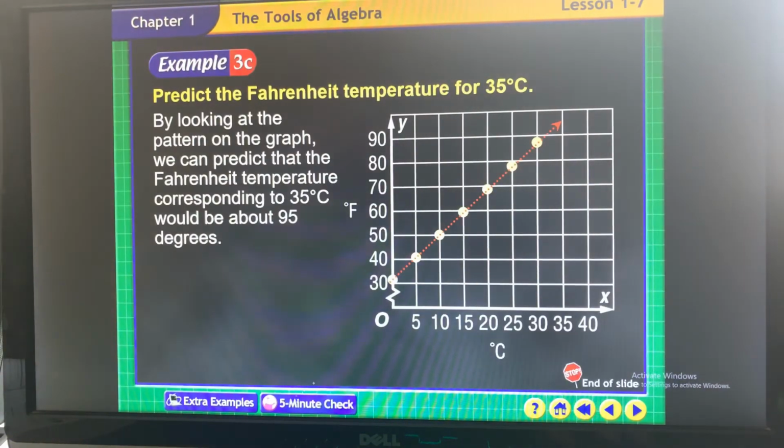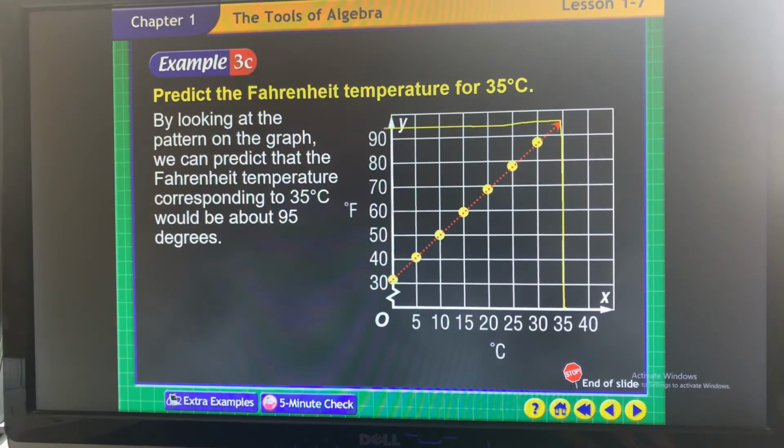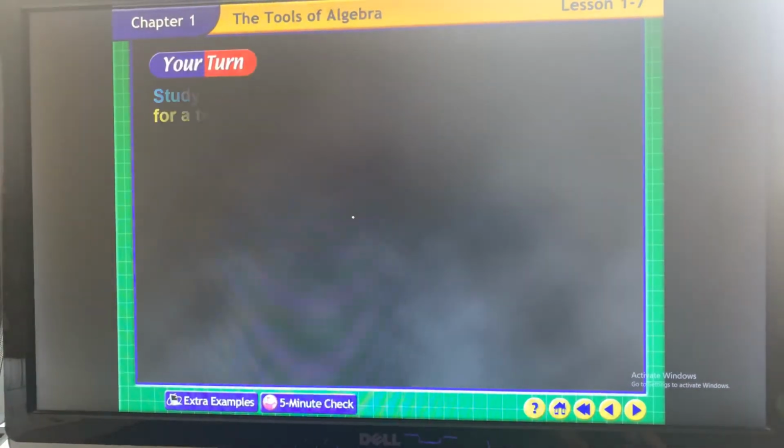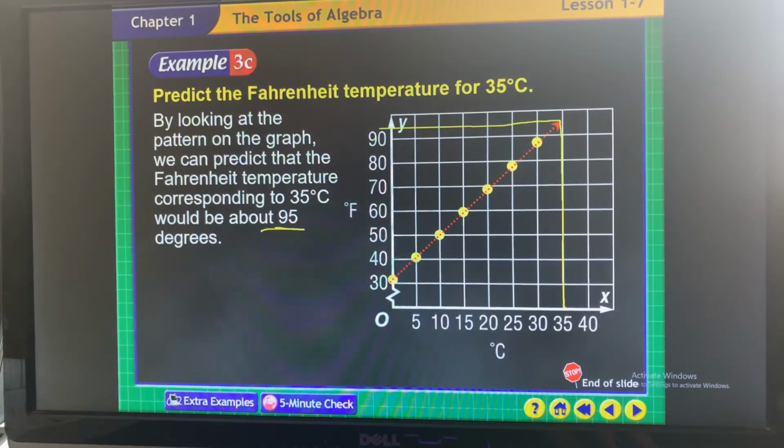So make a prediction is, what they put there is called a best fit line. So if they wanted to predict if it was 35 degrees Celsius, you come to 35, you go up, you hit your best fit line, and you come over to say about 95. Wait, let me go back. About 95 degrees Fahrenheit.